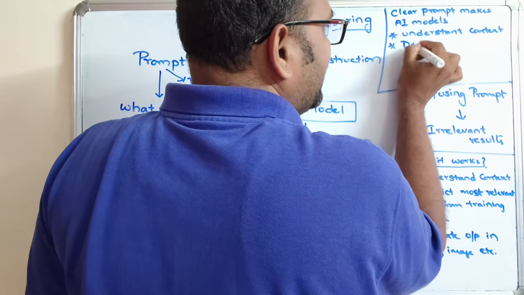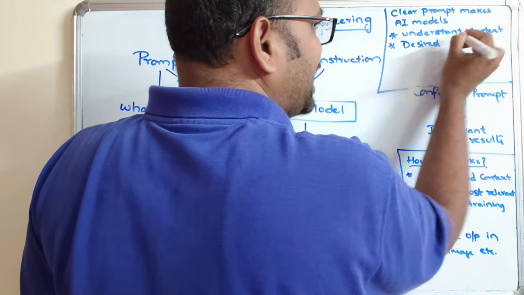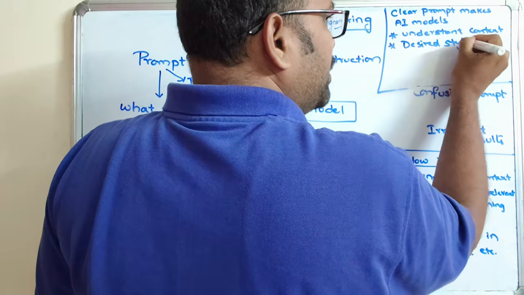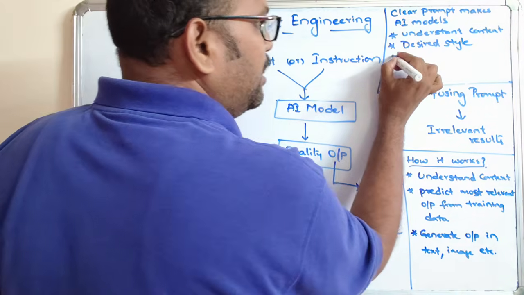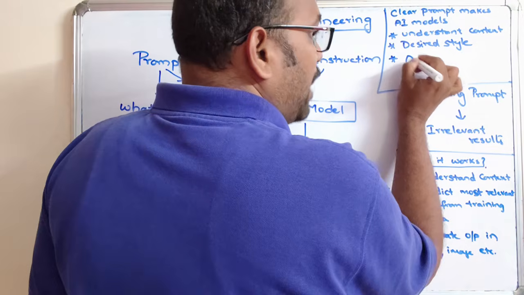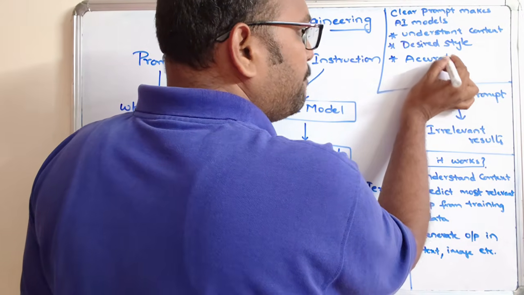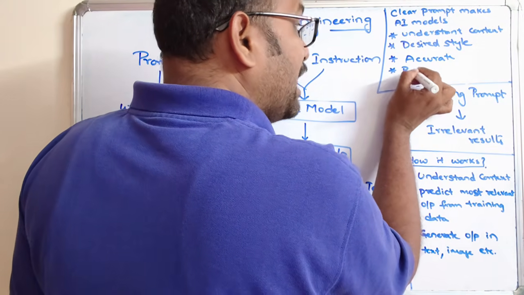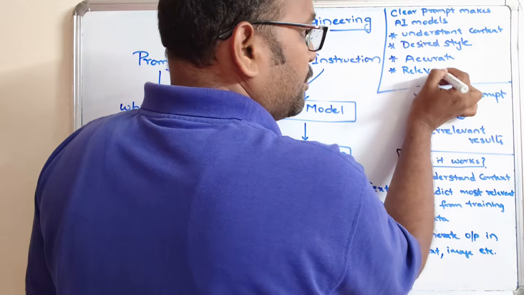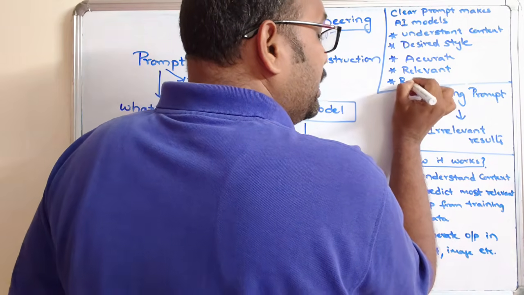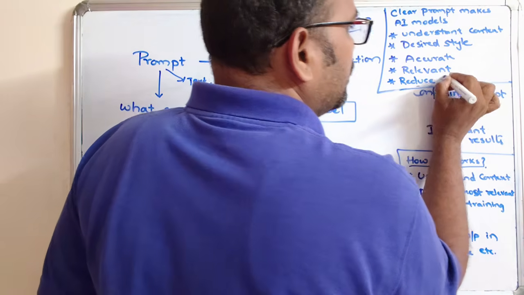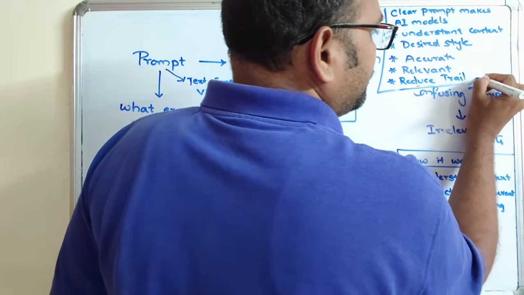So the desired style, in which style it should be giving. So here we are specifying the tabular format. So desired style, accurate result, relevant, the data should be relevant, the output should be relevant, and finally it will reduce trial and error.